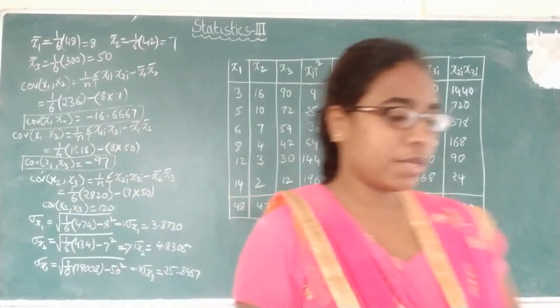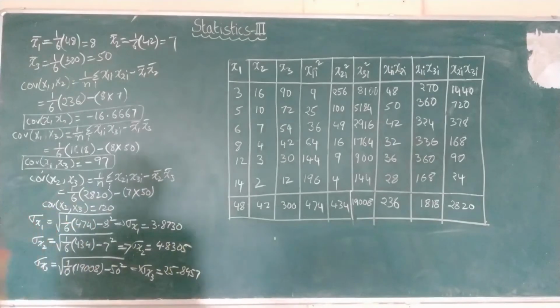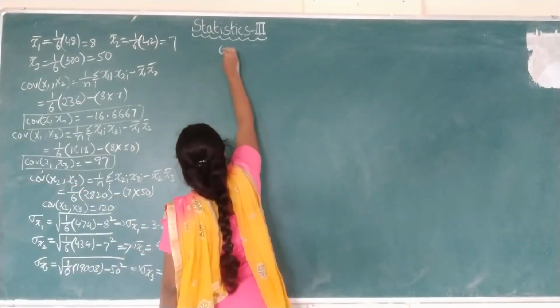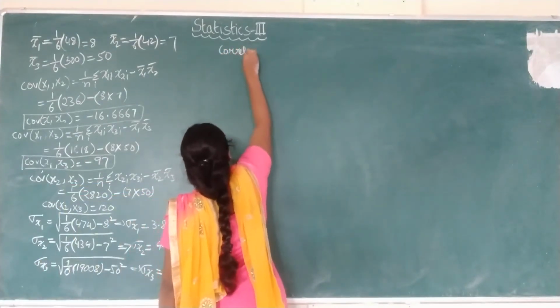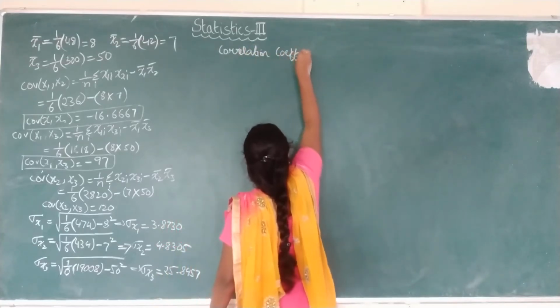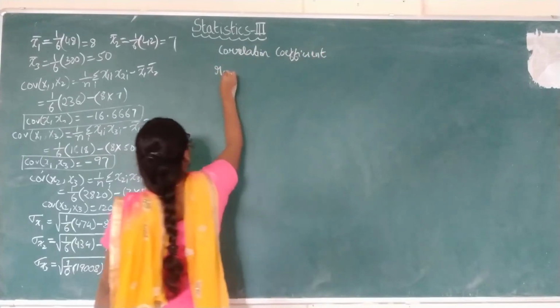Now we have to substitute these values in the required R formulas. Now find out the correlation coefficients. So coming to the correlation coefficients, first I am finding the R12 value.